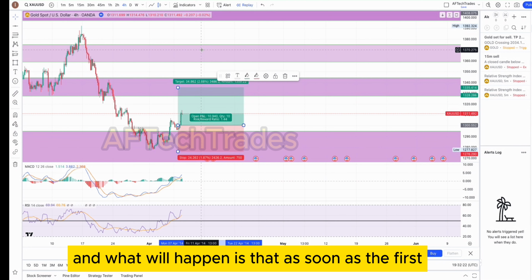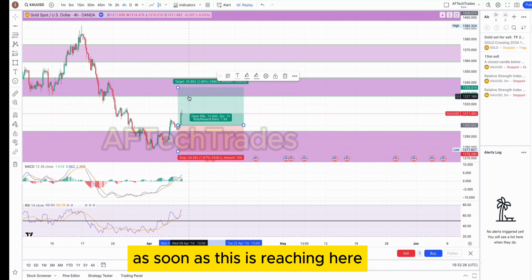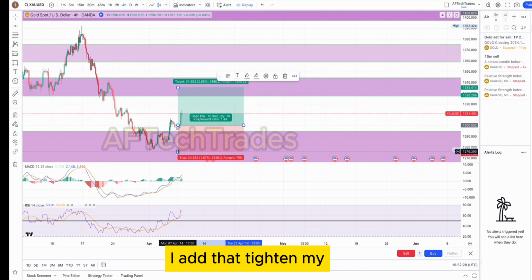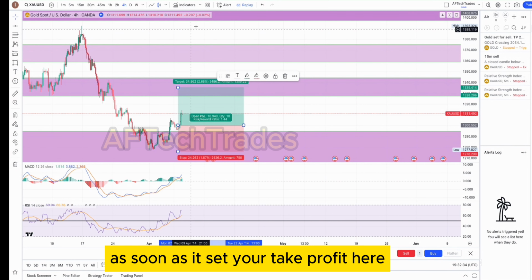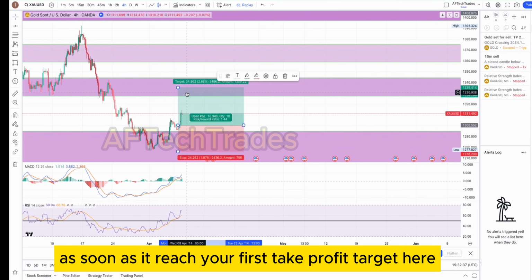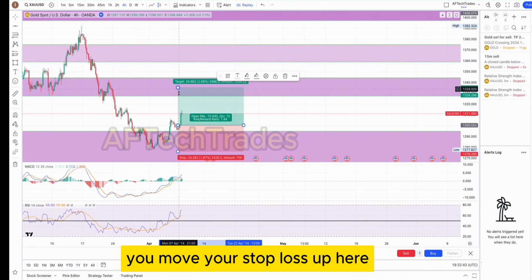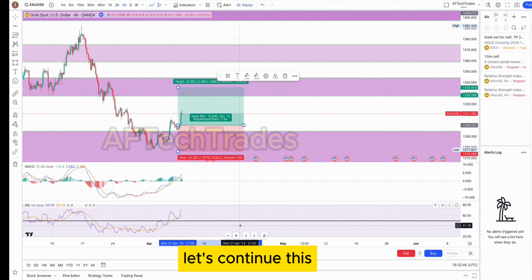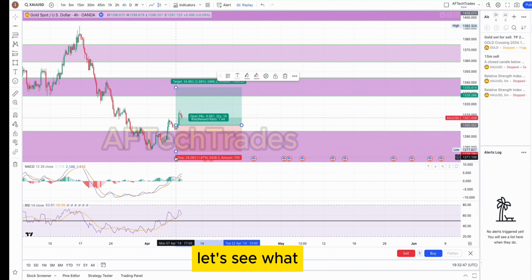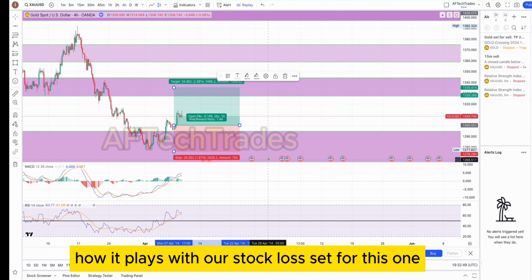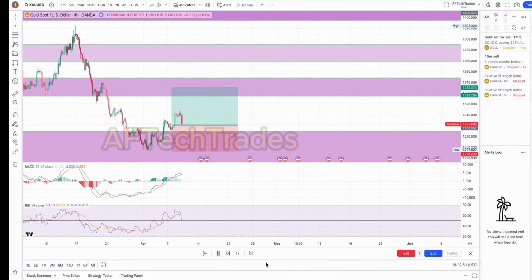Okay, and what will happen is that as soon as it reaches your first take profit target here, you tighten your stop loss, you move your stop loss up here. You have an option, leave one trade on. Let's continue this. Let's see how it plays with our stop loss set for this one.